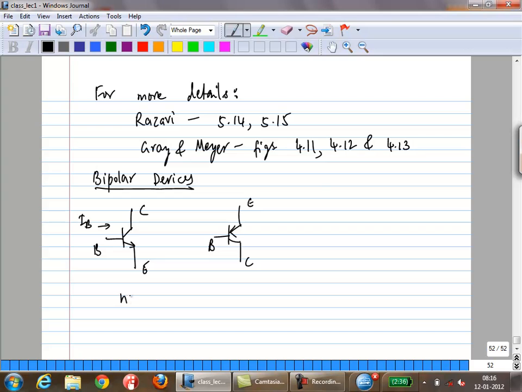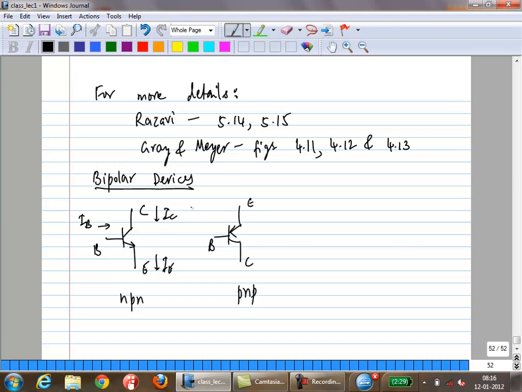So this is an NPN. So you have the base. For an NPN, the normal convention is to assume that the base current goes into the base, the collector current flows into the collector, and the emitter current flows out of it. However, there are other terminologies you have to realize. For example, the Gray and Meyer book I was talking about uses a slightly different convention. Just the direction and the signs matter.